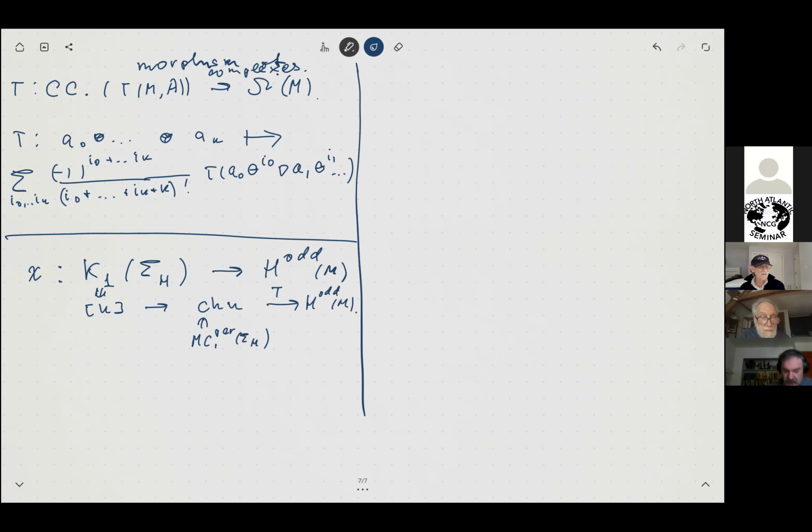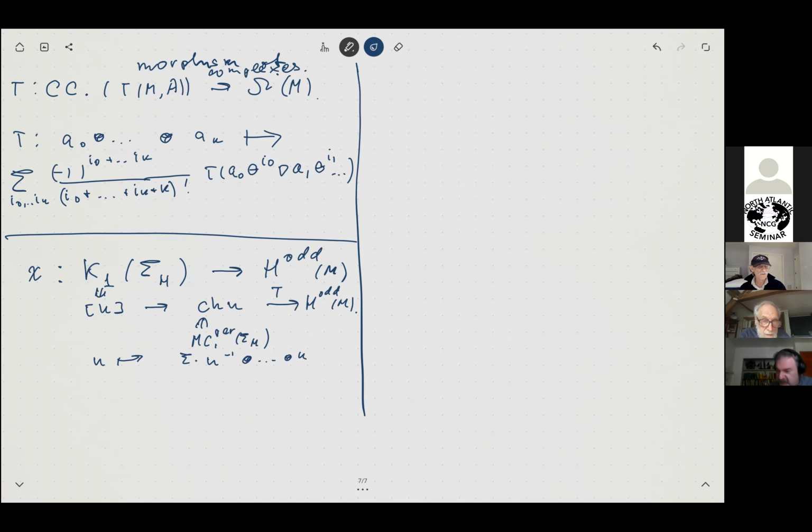Well, this map is again described by an explicit formula. Essentially, U is mapped into a sum of tensors of this form with certain coefficients.